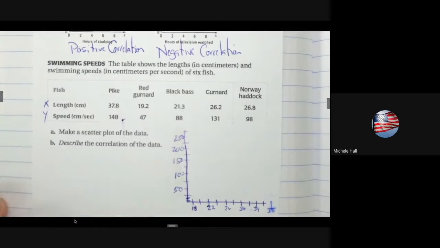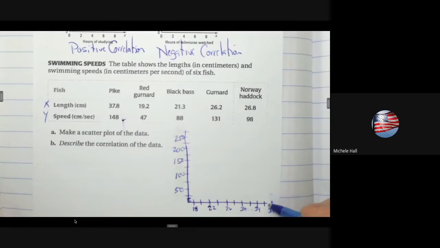And we will plot that data. When X is 37.8, we get 148.